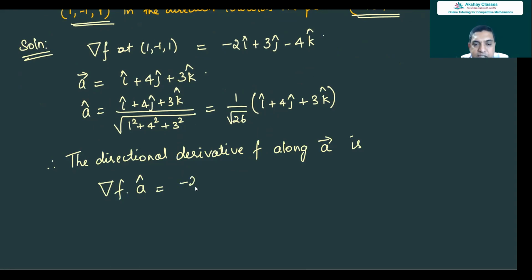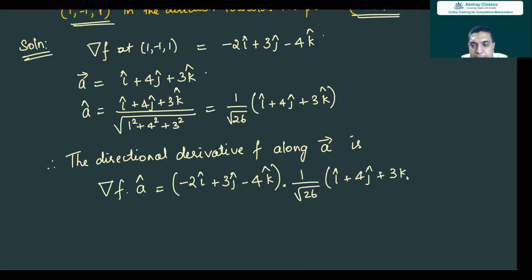So we have minus 2i plus 3j minus 4k dot 1 upon root 26 into i plus 4j plus 3k. This we get as minus 2, plus 12, and minus 12, divided by under root 26.